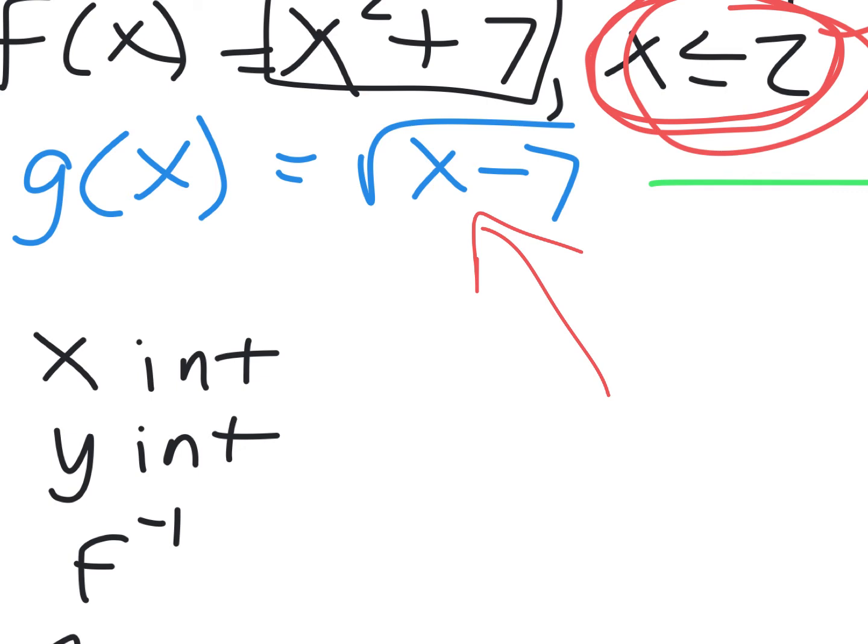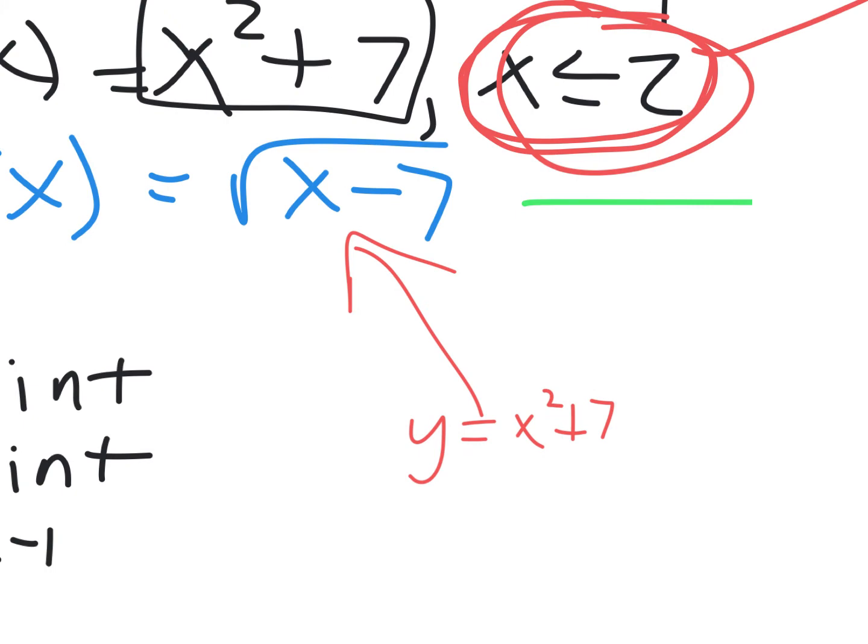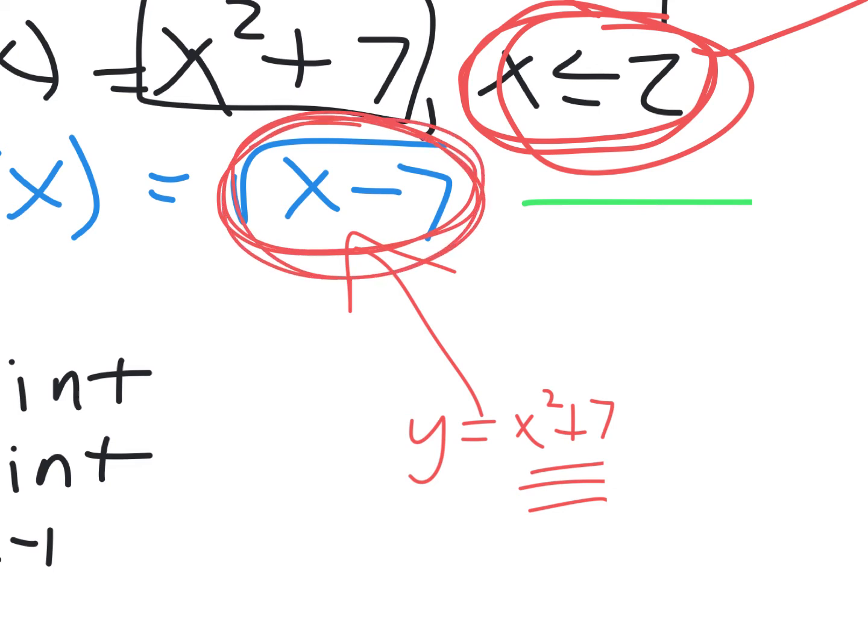The inverse of this one would end up coming out to y equals x squared plus 7. You would think that its domain should be all reals, because I'd look at that and go, the domain's all reals. But it's not, because the range of this one wasn't all reals. So you have to find the domain and range of the original.